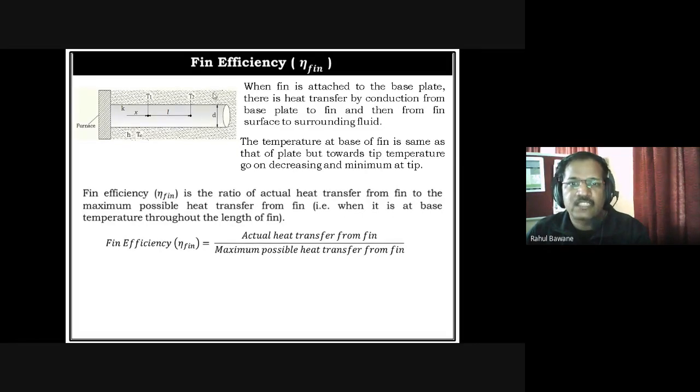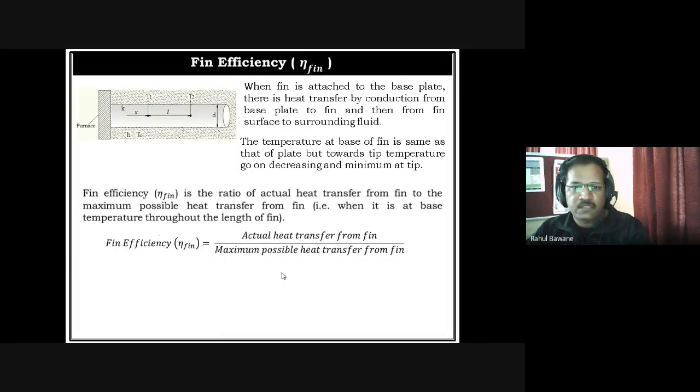So the fin efficiency will be the ratio of actual heat transfer from the fin, which we can calculate using our formula, to the maximum possible heat transfer from the fin, which is possible when we assume all the fin is at base temperature.